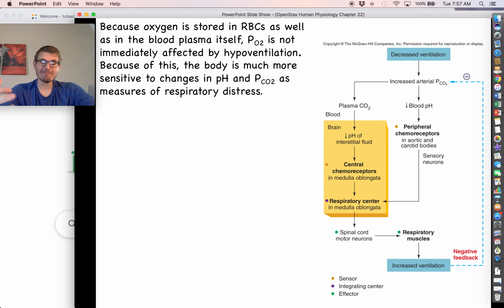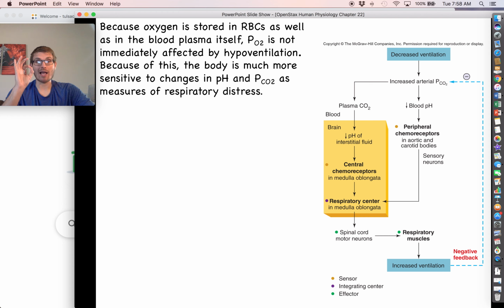Whereas almost immediately, if you start hyperventilating or hypoventilating, your pH and PCO2 values are really going to start changing. The whole idea there is that if you want to maintain homeostasis, you want your effector mechanism to activate as soon as humanly possible after the stimulus occurs.